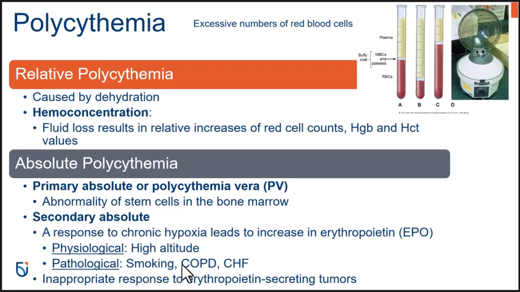With this habit and with these conditions, the body is in a chronic state of hypoxia, causing the body to produce more red blood cells. Secondary absolute polycythemia can also be seen when certain tumors that we can call erythropoietin secreting tumors secrete high amounts of this hormone, stimulating the bone marrow to make more red blood cells.